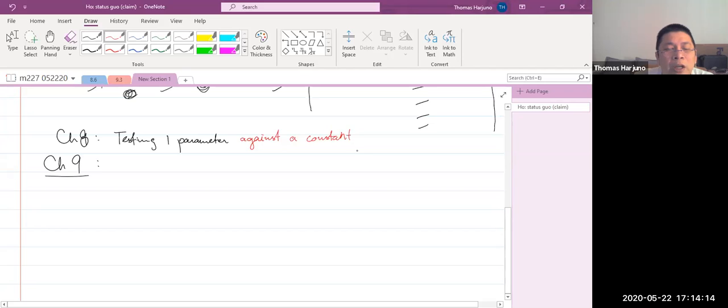So in your step 2, you always have a parameter, let's say the mu, the p, or sigma square, against a constant on the other side.